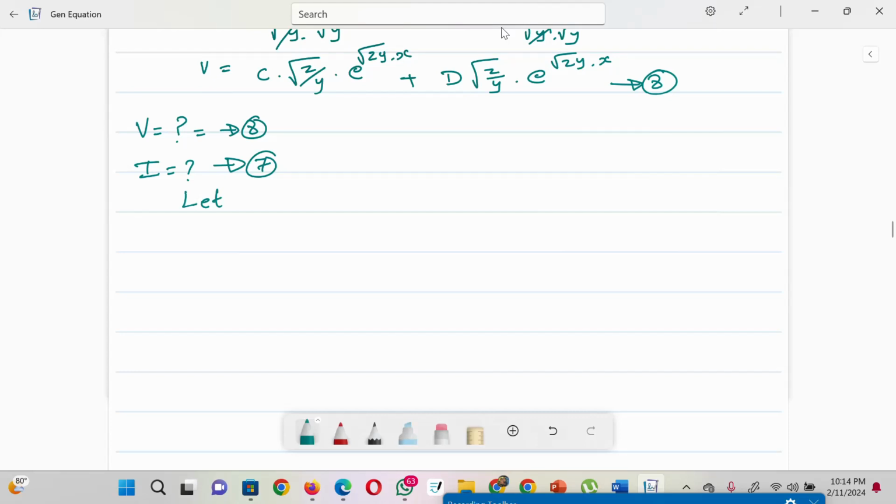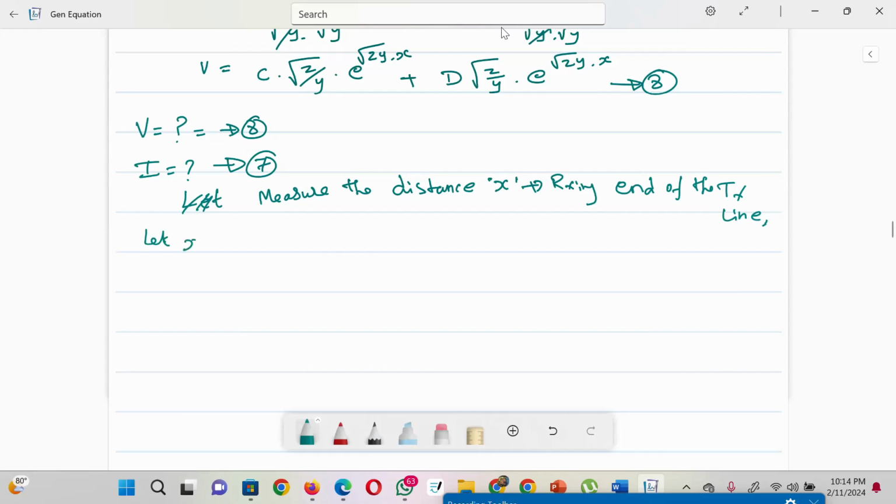Okay, so now we are going to measure the distance x from the receiving end of the transmission line. That means let x equal to 0.